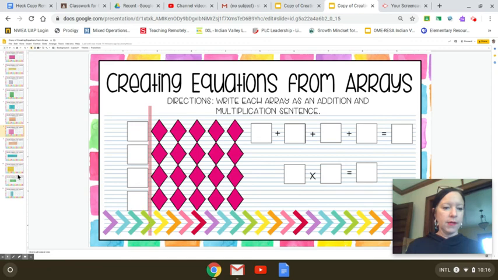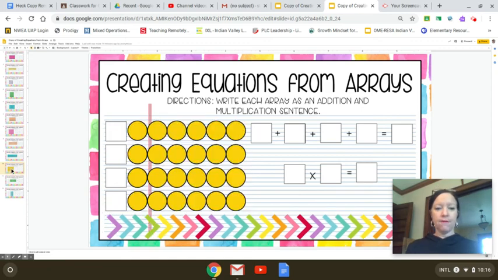All right, we are going to go down a little bit further. Ooh, some circles. Just want to do 1 or 2 more so we make sure that you've got this. All right, I see 1, 2, 3, 4, 5, 6 circles. So 6 columns. 6 plus 6 plus 6 plus 6.